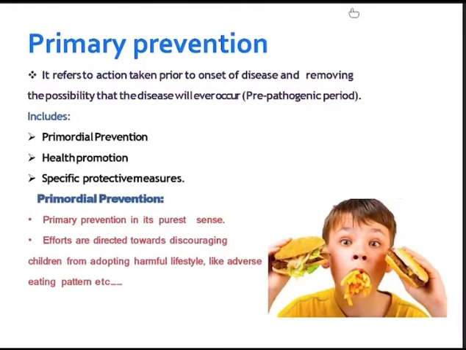If the child is prone to junk food eating, there will be excessive childhood obesity that can lead not only to dental diseases but other systemic diseases. So preventing at the basic level, changing the behavior and lifestyle pattern of the individual so that they can lead a healthy lifestyle and maintain a healthy oral cavity, is called primordial prevention.